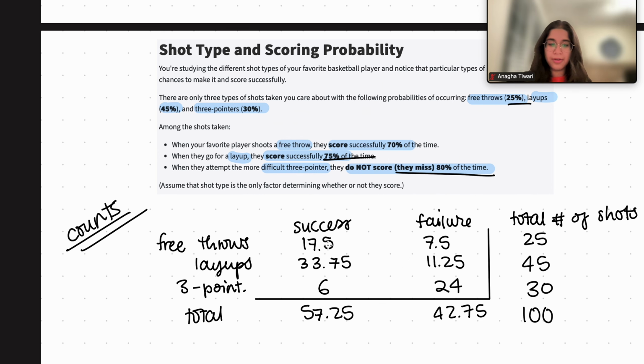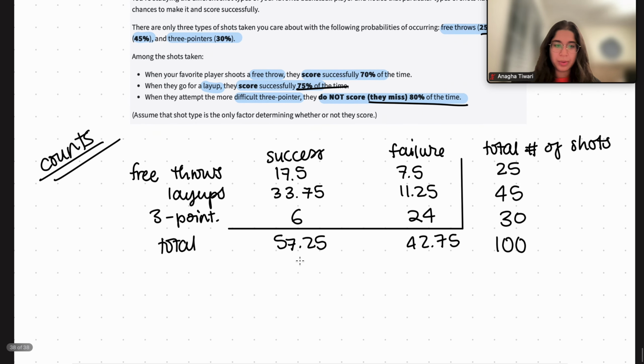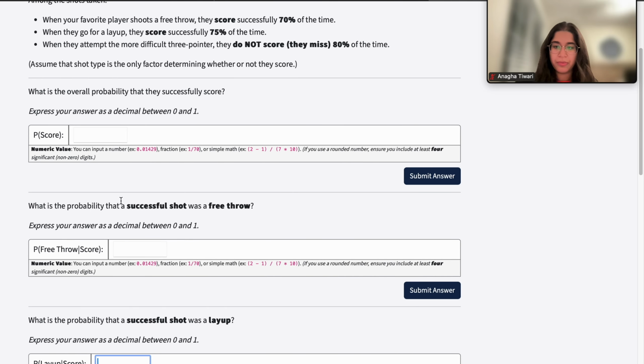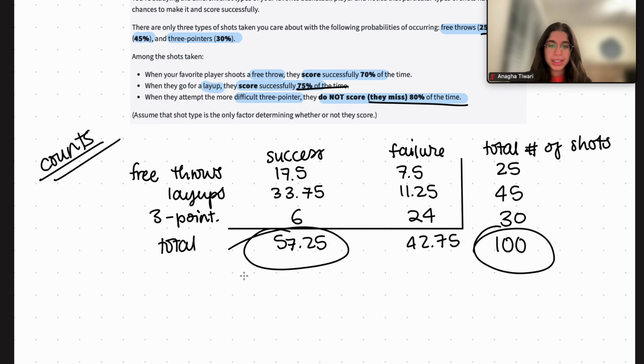So now that we have our table, it's a lot easier to solve the actual probabilities, right? Because if there are any conditional probabilities, we can just look at that subset, that row or corresponding column. So if we go to our first question, what is the overall probability that they successfully score? Well, out of my 100 shots, 57.25 of them were successes, right?